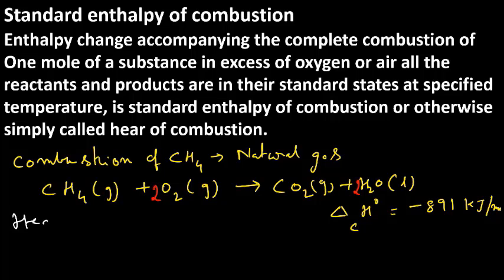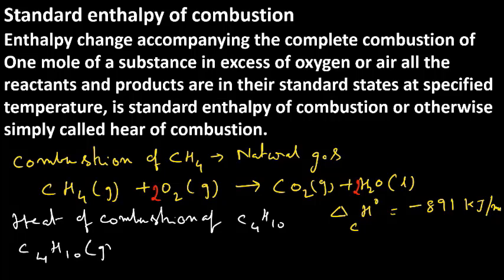Similarly, heat of combustion of C4H10. What is this? Butane. So C4H10 in gas plus 13 by 2 oxygen gives 4 carbon dioxide. 4 carbon atoms are there, therefore we get 4 molecules of carbon dioxide, plus 10 hydrogen atoms are there, therefore we get 5 water.